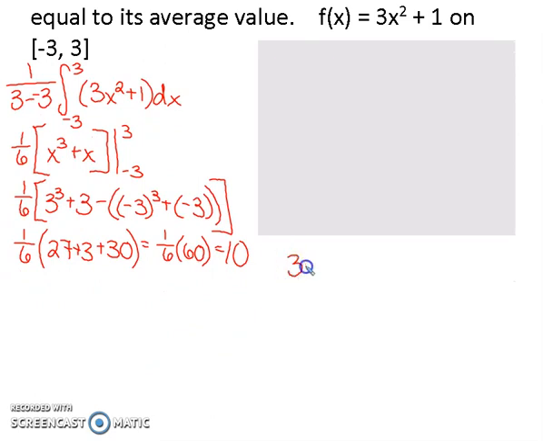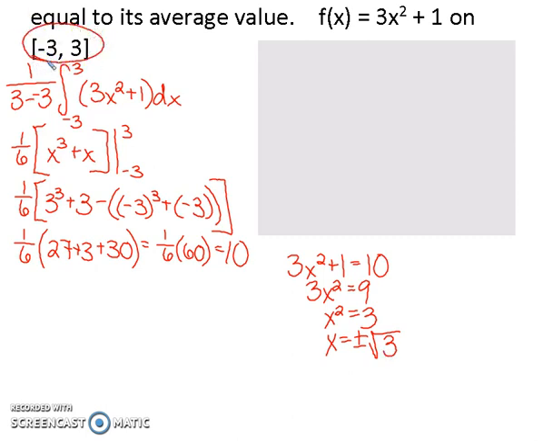So you would take your function and set it equal to 10 and then solve for x. So that's going to happen at x equals both positive and the negative square root of 3. Both of which of those numbers are in my interval, so it's okay to keep those answer choices.